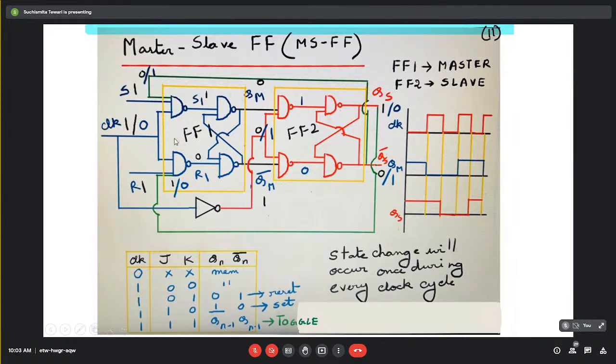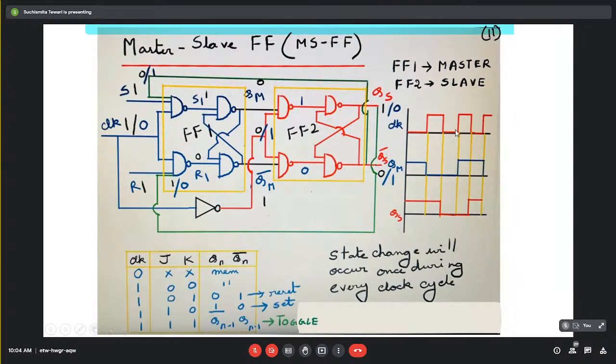So it will then be able to propagate through these gates until this becomes 1 again. Now what will be the input? At this instant it is 1 1, but the clock is 0, and here it is 0 1, but the clock is 0. So this new change, that is 0 here and 1 here, won't be able to propagate and reflect or change these outputs.